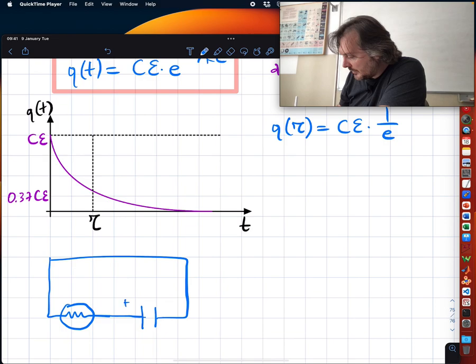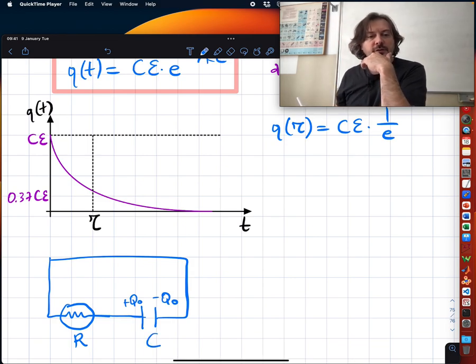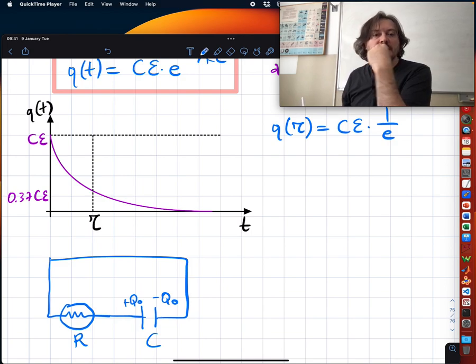You start with plus Q0, minus Q0, and this is not only a resistance but also a lamp. What are you expecting the lamp to do while it is discharging? The capacitor is discharging. What can you tell about the brightness of this lamp?